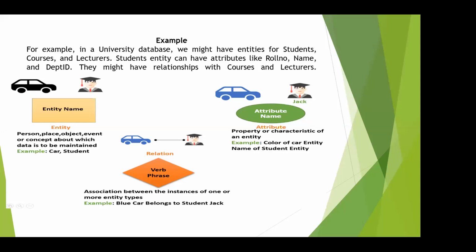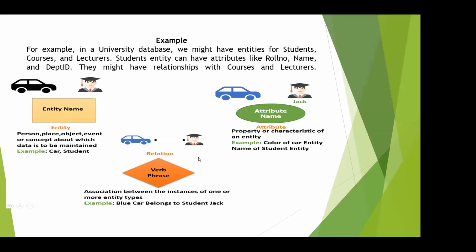So entities are represented in rectangles and attributes are represented in ovals. The association between two entities we are going to represent in a diamond.